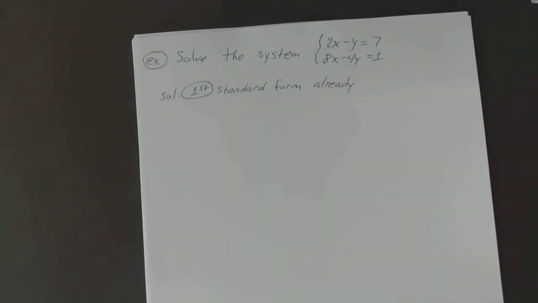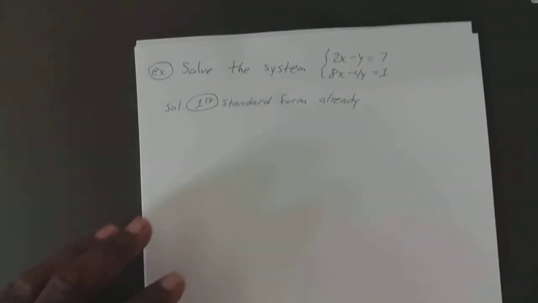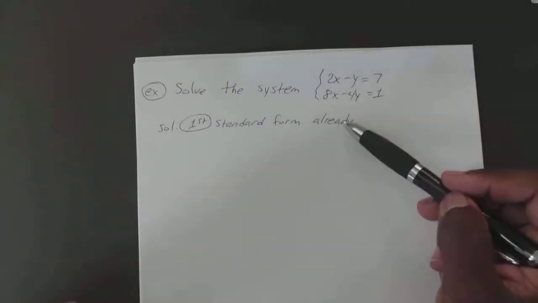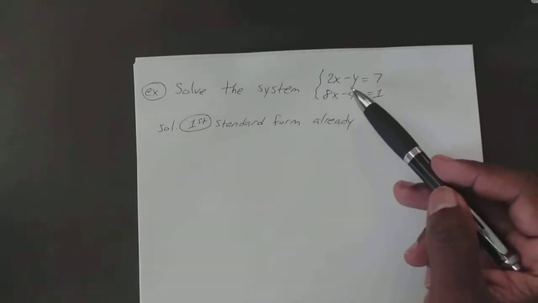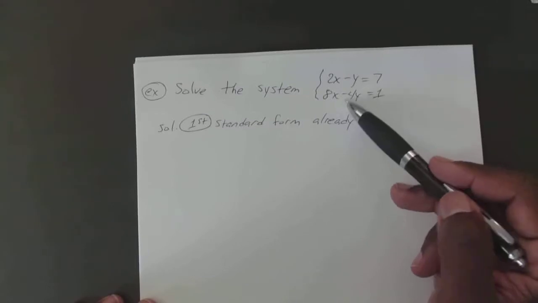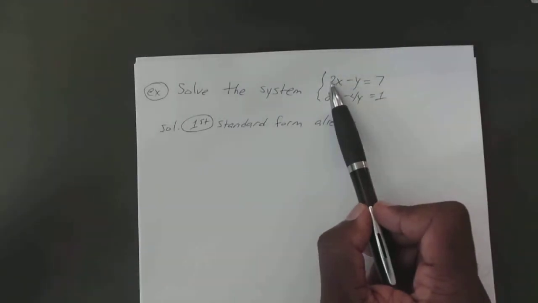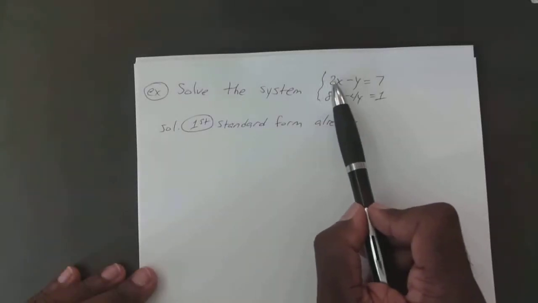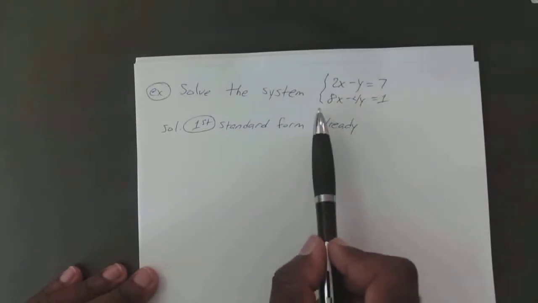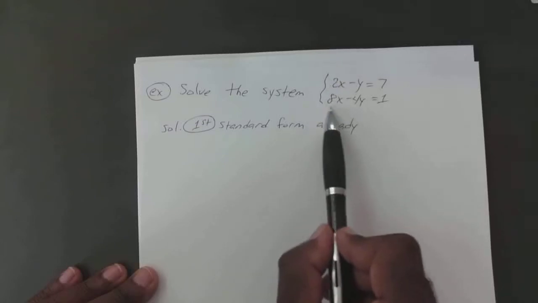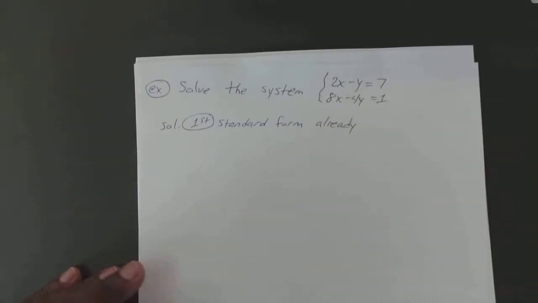Second step, we now just have to match it up to where when we add any variables together, one of them will disappear. So we can get rid of the x if we multiply it by -4. Because -4 times 2 would give us -8. -8 plus 8 would be 0, so that one would disappear. So we can pick that.